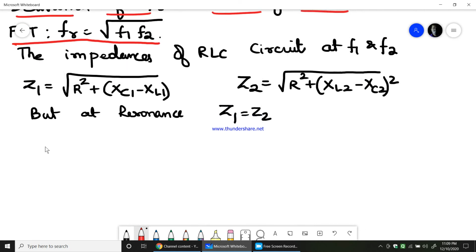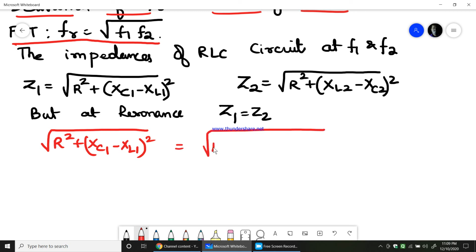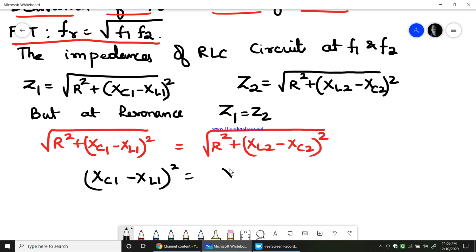Therefore square root of r square plus xc1 minus xl1 the whole square would be equal to square root of r square plus xl2 minus xc2 the whole square. Now here the square root gets cancelled, then r square gets cancelled, so finally we are left with xc1 minus xl1 the whole square equals xl2 minus xc2 the whole square.